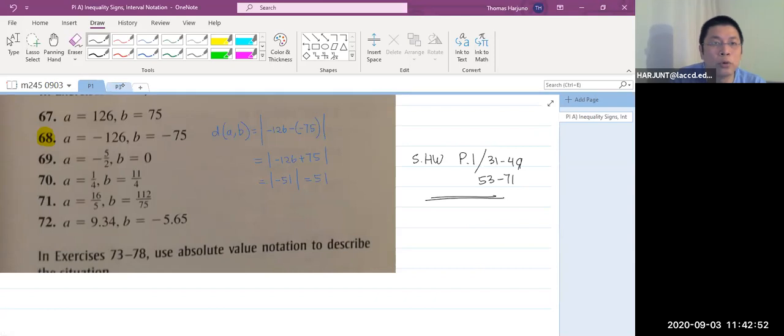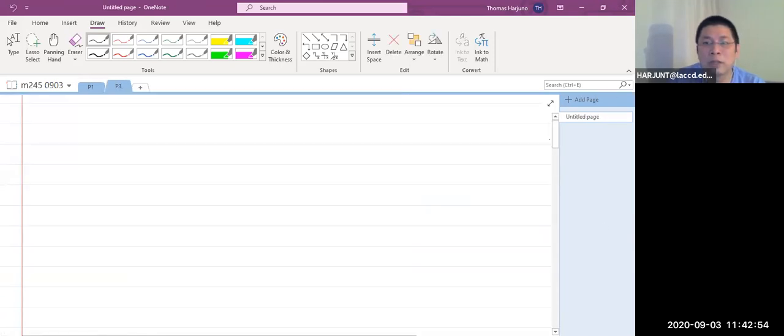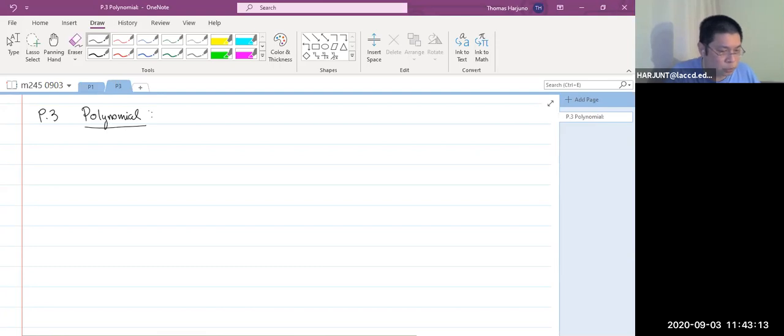Let's go to P3. Now, what is P3? P3 is on polynomials. In this section, we will review how to add, subtract, and multiply polynomials. Okay, now what is a polynomial? I keep it simple first.